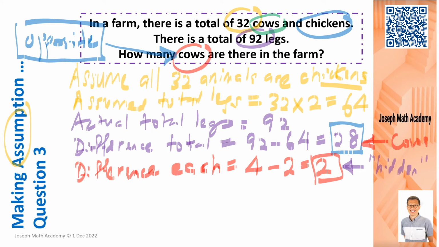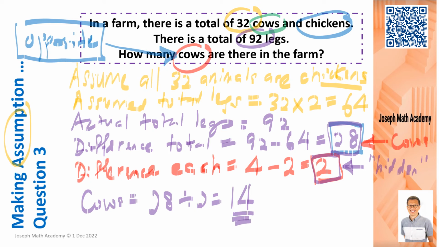So how many two legs are missing from this total 28? Let's find out how many cows. So the number of cows with missing legs will be 28 divided by 2. That will be our 14. So in fact, there are 14 cows in the farm. This is already our answer.